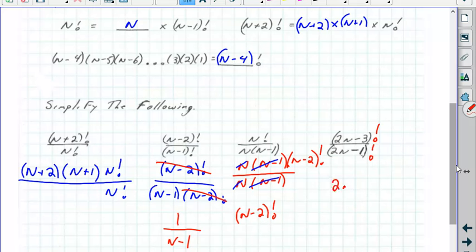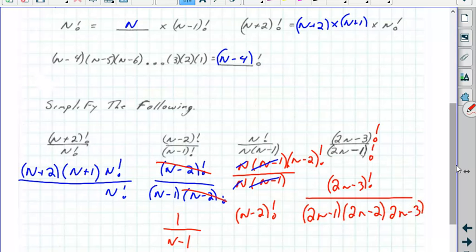I'm going to leave the 2n minus 3 factorial alone. 2n minus 1, 1 less than 2n minus 1, and then 1 less than 2n minus 2.